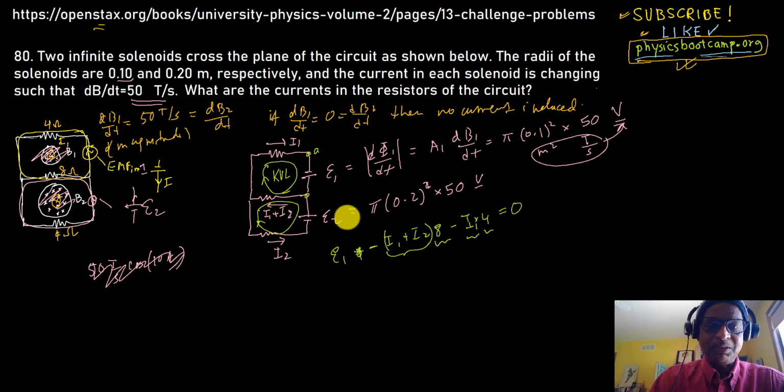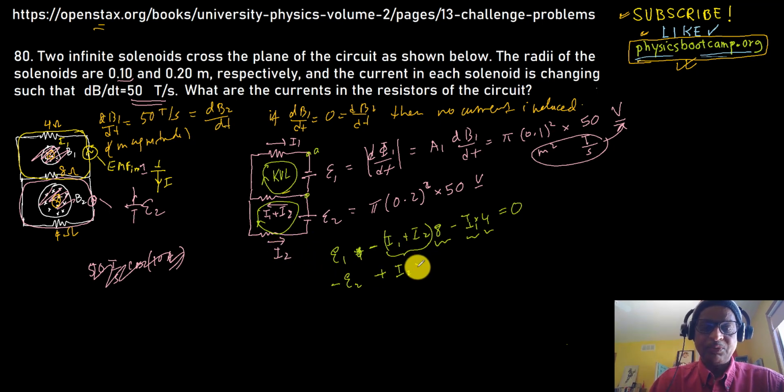Let's see, start from here. This is going to be minus E2. I'm going against it, so I'm going to have a plus I2 times 4, and then I'm going against this current.